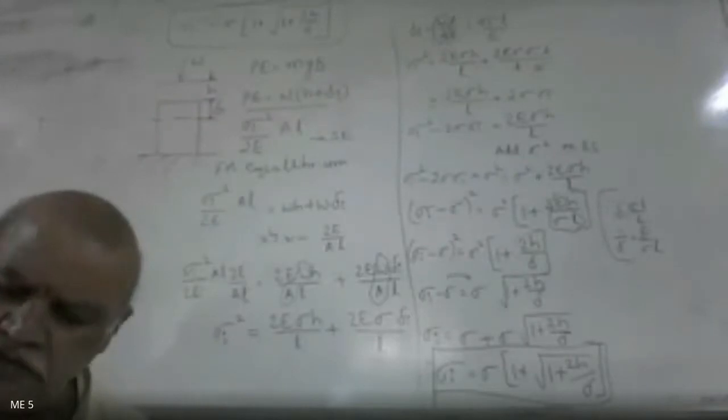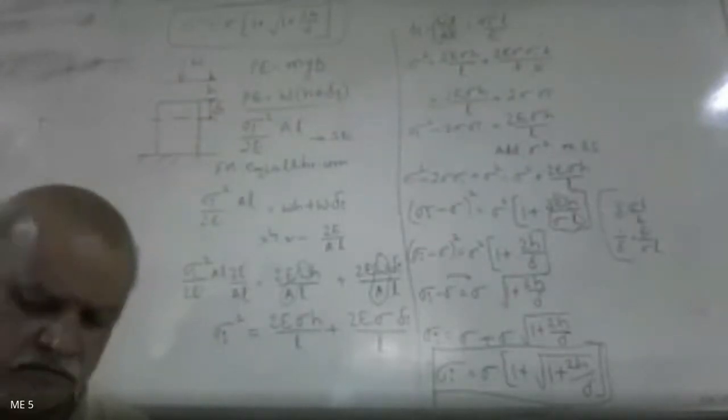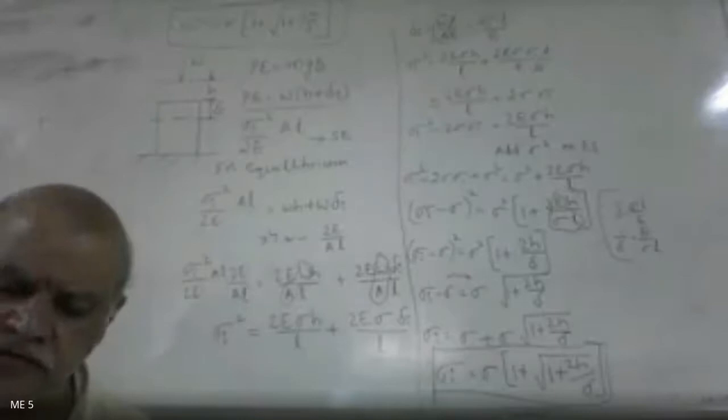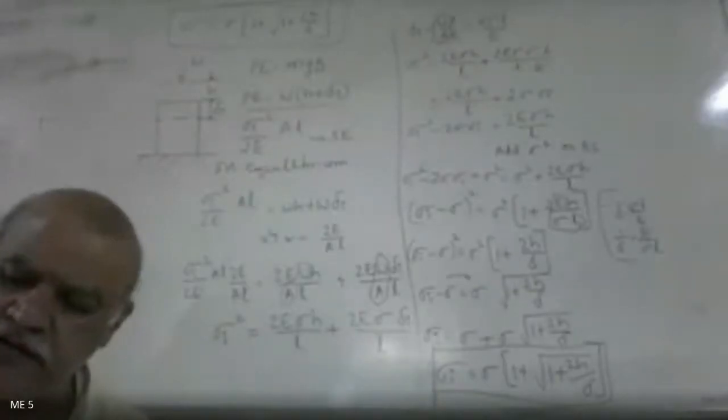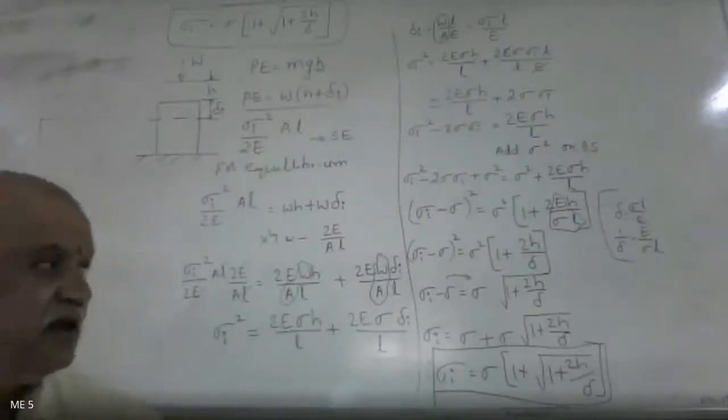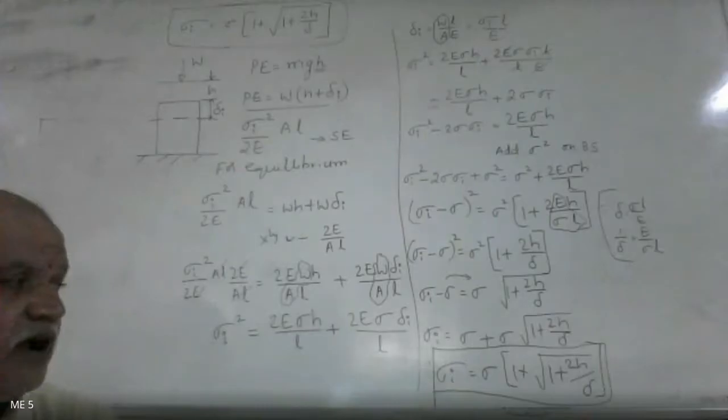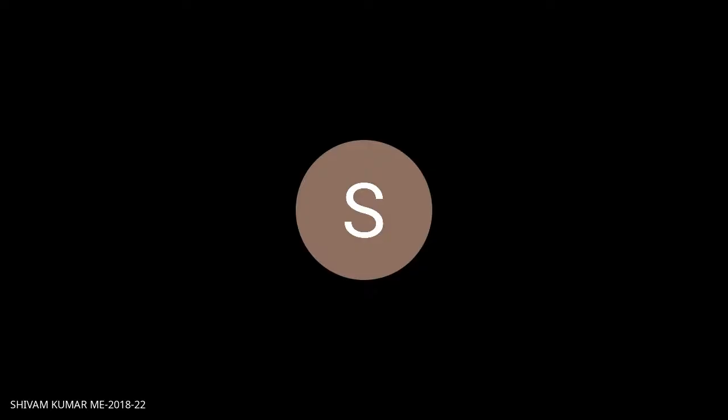Shivam Kumar, note it down. Yes, sir. Where are you right now? Writing. Sir, I'm at home. Hey, writing, I say. Yes, sir. Sir, sigma is equal to the last line. Sigma is equal to what? Read. Sir, it's not clear.